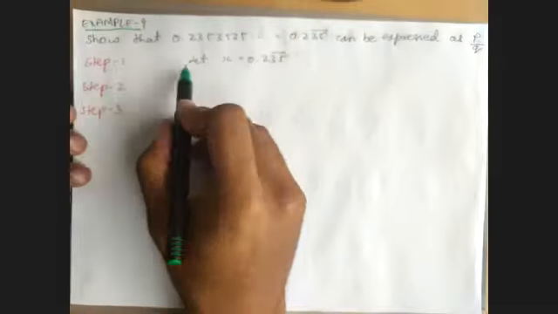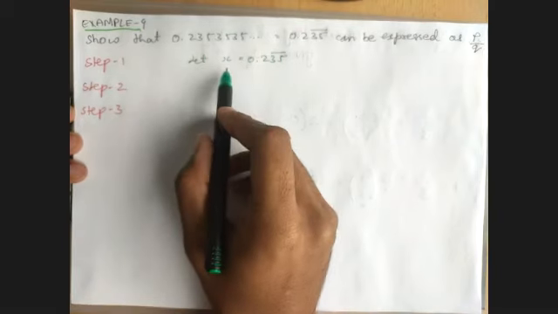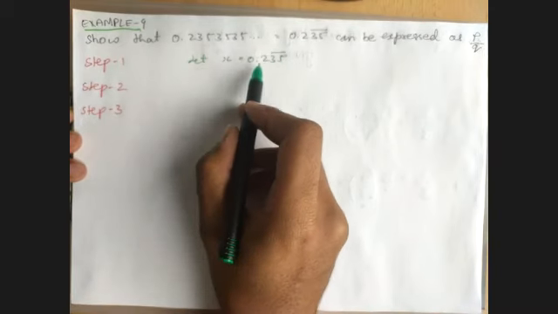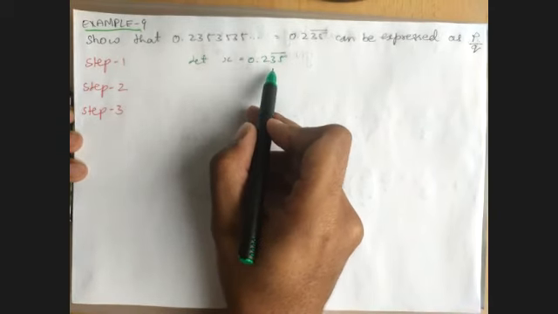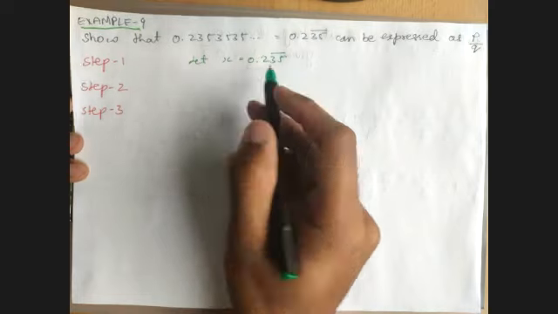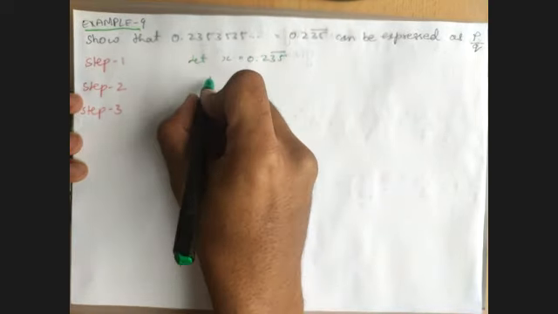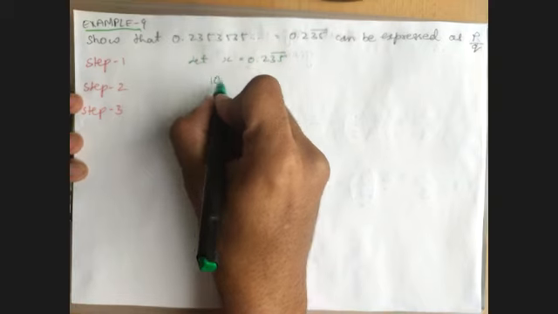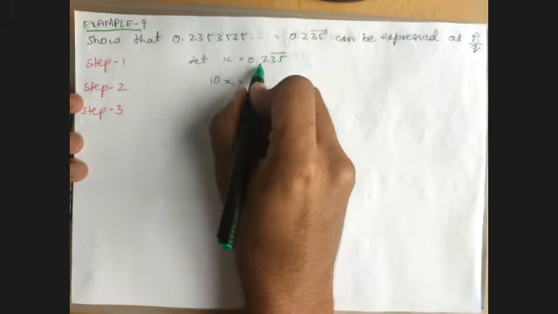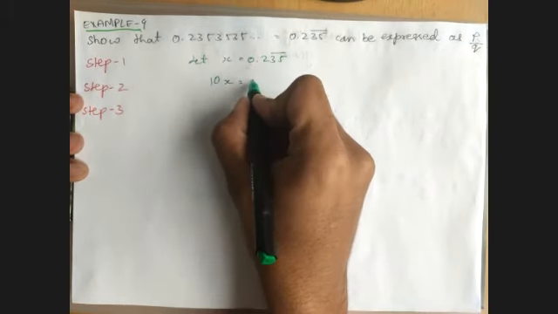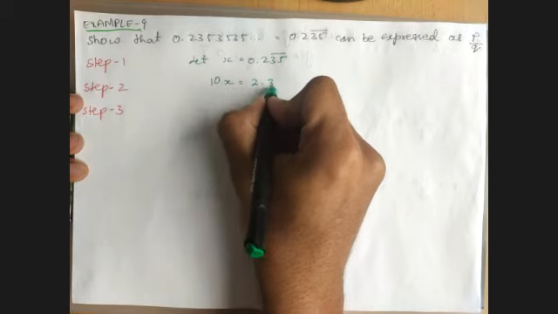Now this is step 1. Now step 2 here is a little different. We want to take it in the form which we can solve. So what I'll do is I will multiply it by 10. 10x is equal to, that means I'll shift the decimal point, 2.35 recurring.